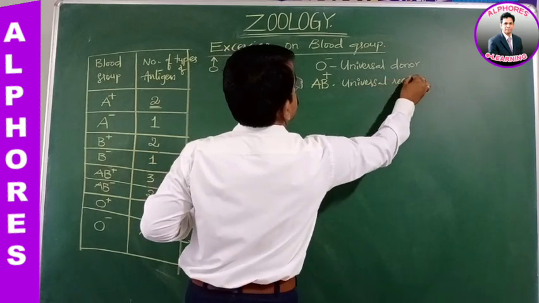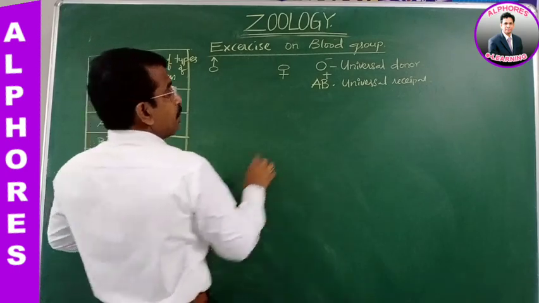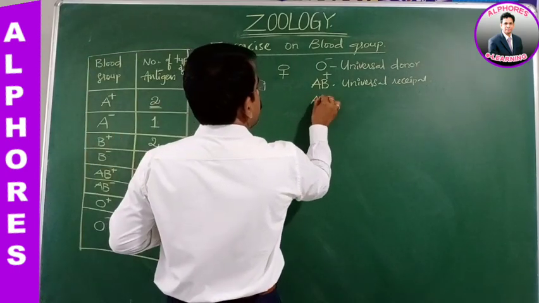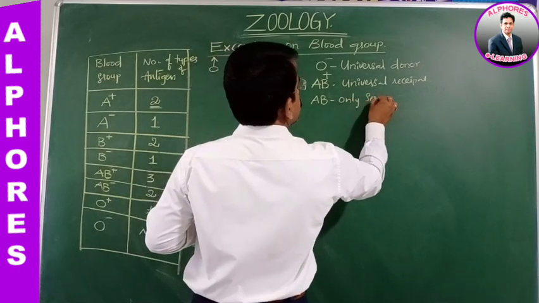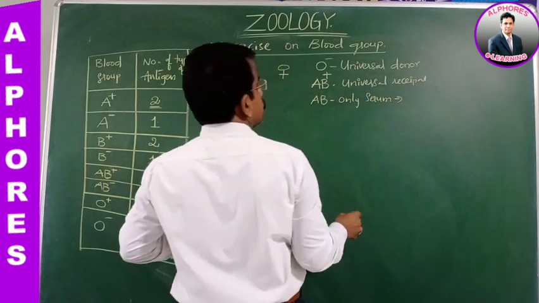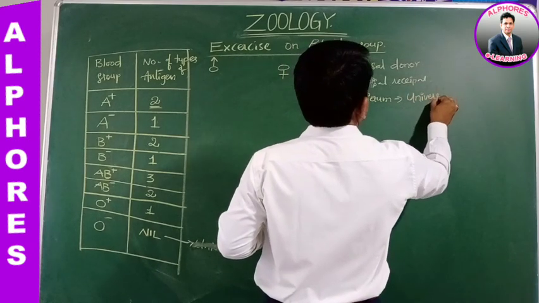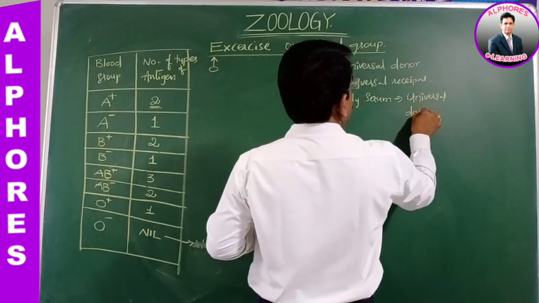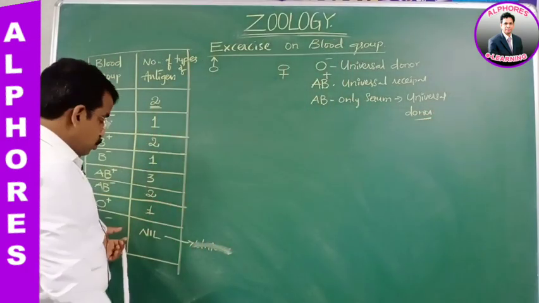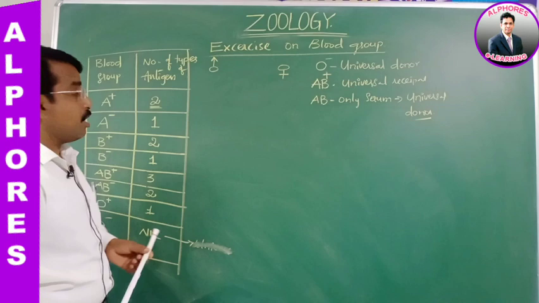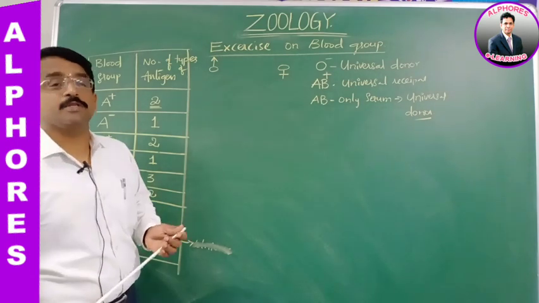And one more point I explained: the AB blood group serum is also considered to be a universal donor. This is the point to remember. Now you are clear with why O negative is a universal donor and AB positive is a universal recipient.